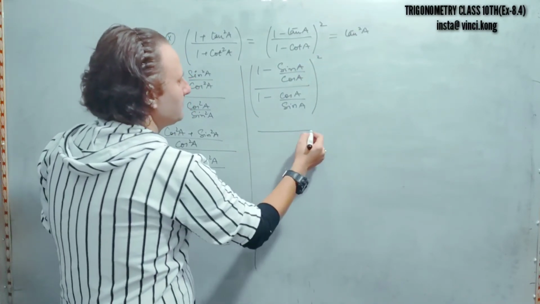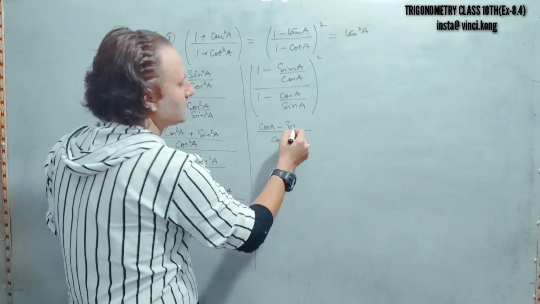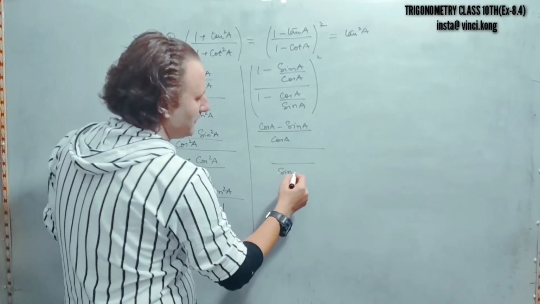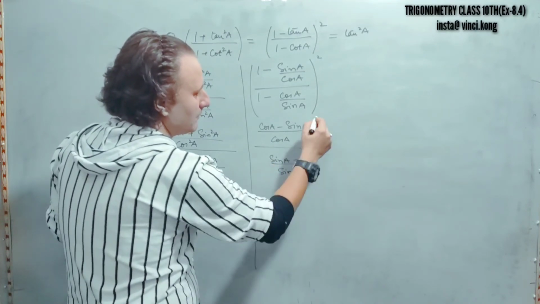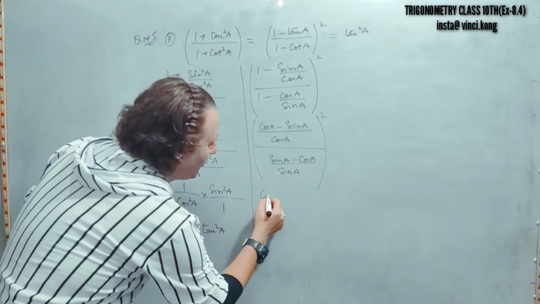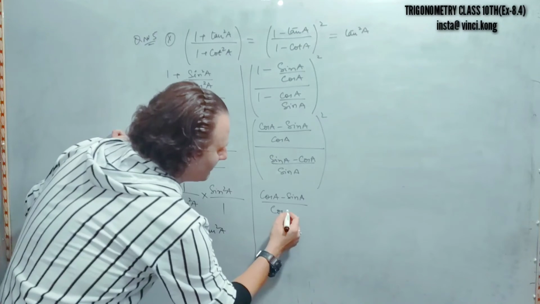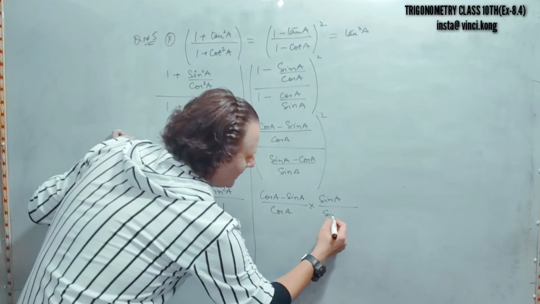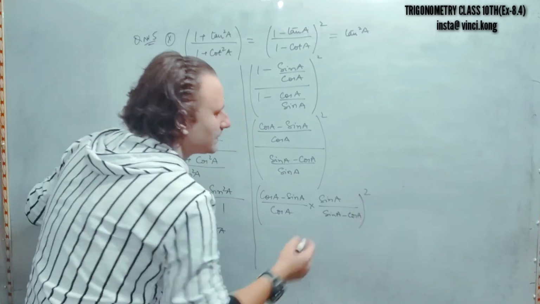Now again LCM, cos A multiplied by 1 is cos A minus sine A, whole divided by, we have sine A as LCM. So sine A multiplied by 1 is sine A minus cos A, and we have a whole square here. Now reciprocating, cos A minus sine A upon cos A multiplied by sine A goes up upon sine A minus cos A, and we have a whole square.